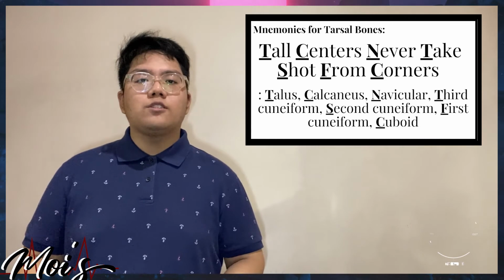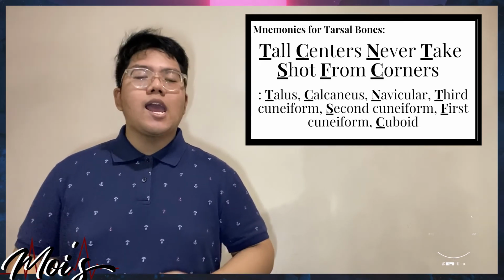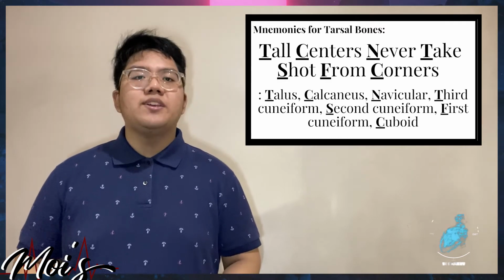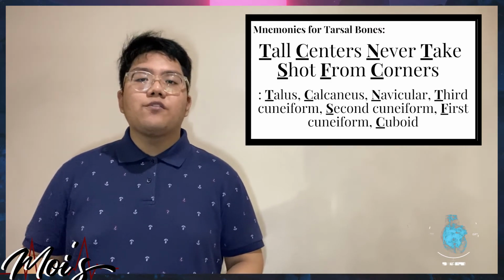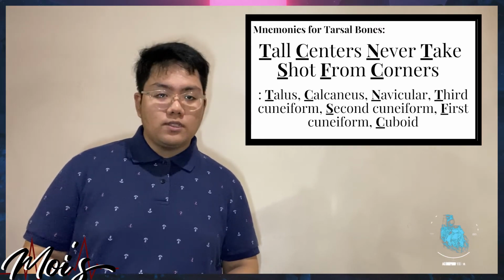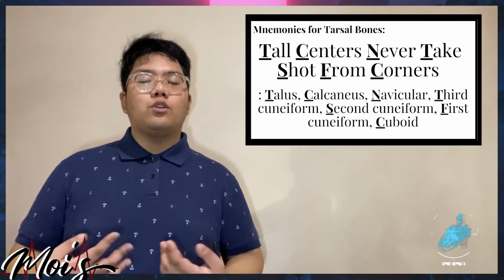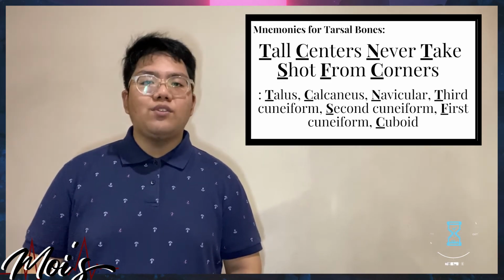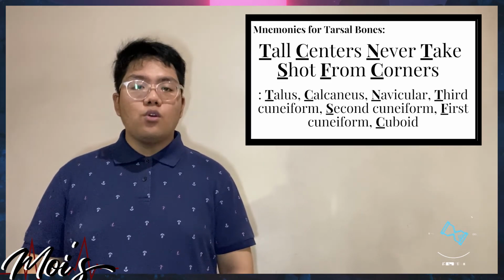So we have the tarsal bones talus, calcaneus, navicular, third cuneiform, second cuneiform, first cuneiform, and cuboid. Again, in order for you to remember, let's repeat the mnemonic: tall centers never take shot from corners.